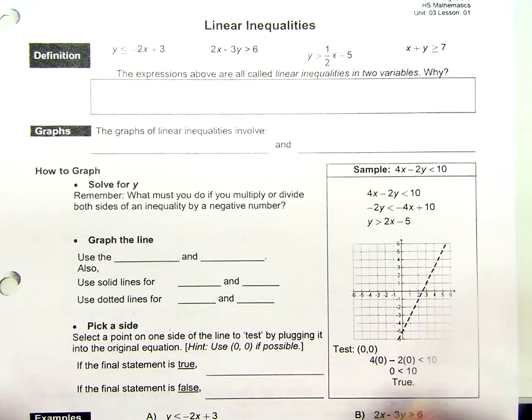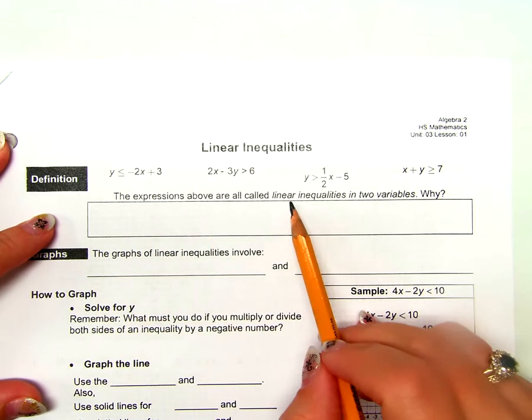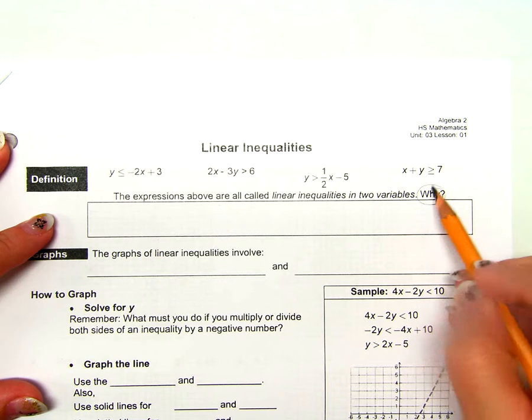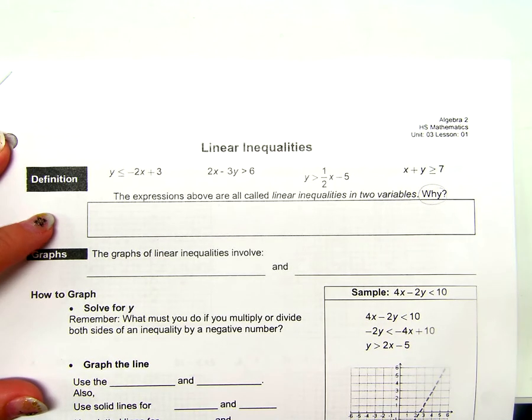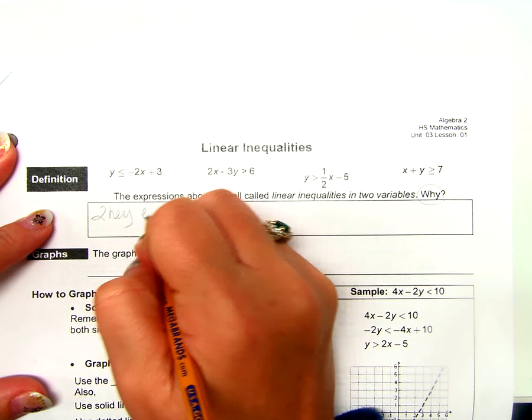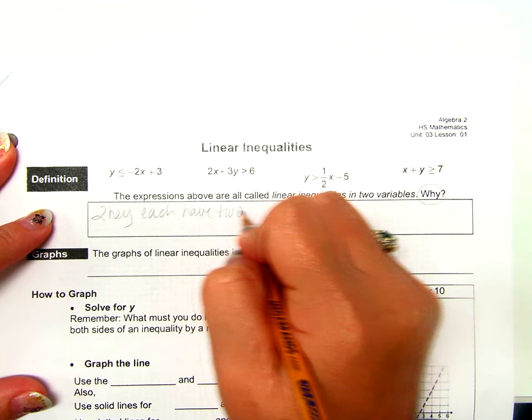Okay? However, we do need to take some notes on this paper, don't we? We need to fill some blanks in. The expressions above are called linear inequalities in 2 variables. Why? They each have 2 variables.